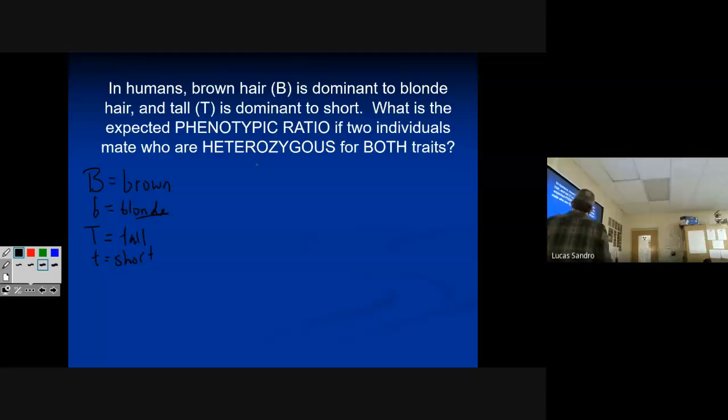What is the expected phenotypic ratio if two individuals mate who are heterozygous for both traits?